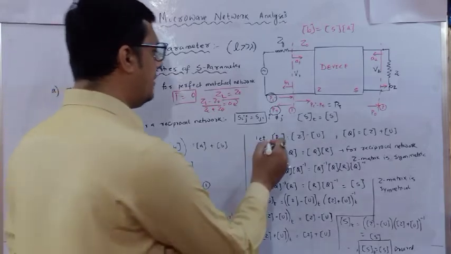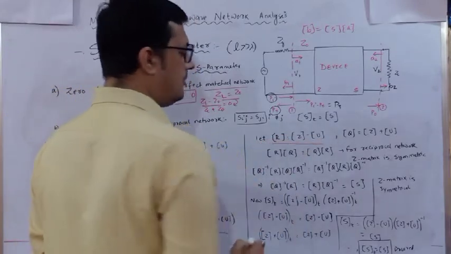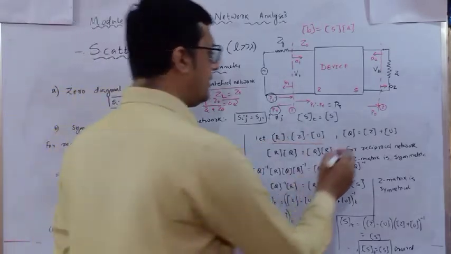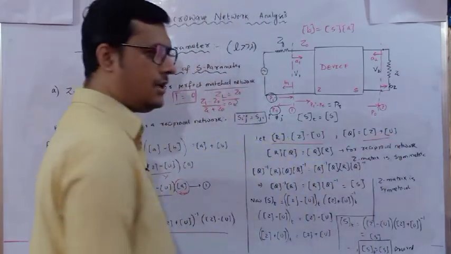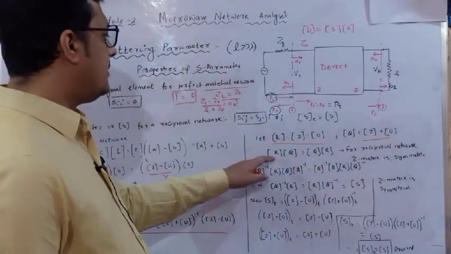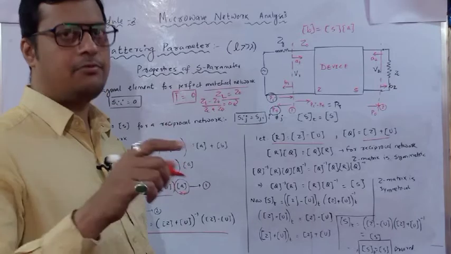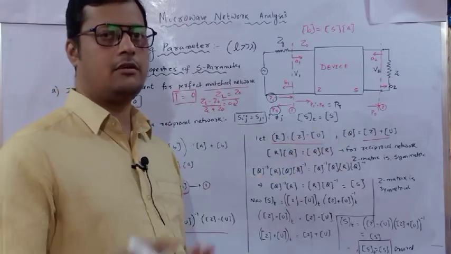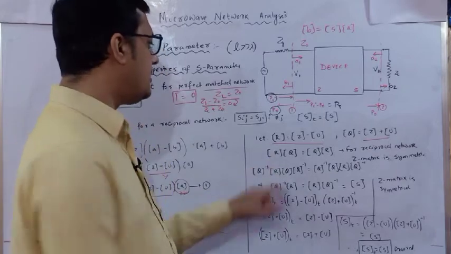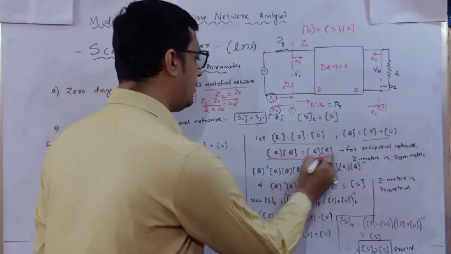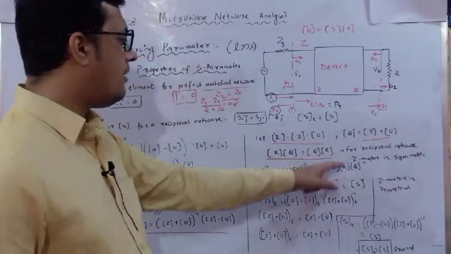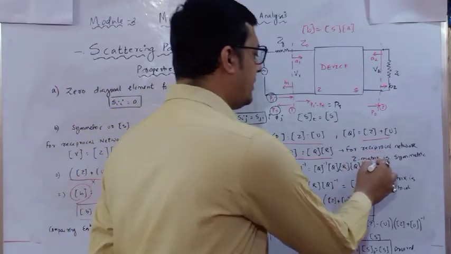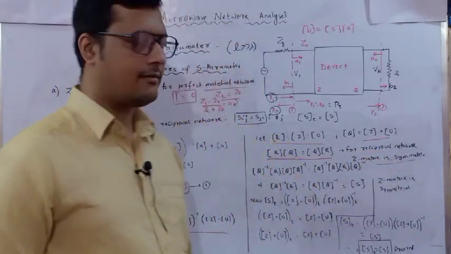Here I have written, R is equal to Z minus U and Q is equal to Z plus U. So if it is a reciprocal network, the product of R into Q must be equal to Q into R. So I have written, R into Q is equal to Q into R. For a reciprocal network, the Z matrix is symmetric in nature.